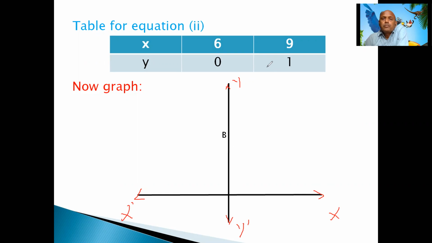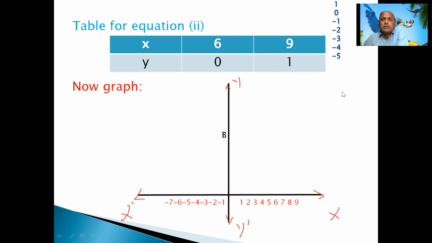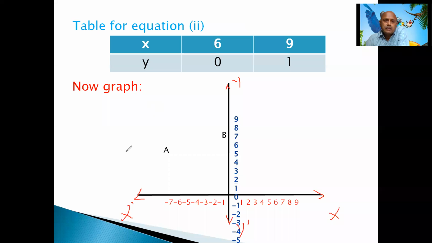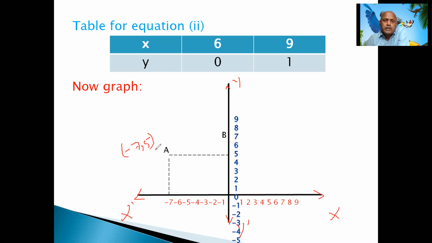Now see here, you have to write the values for the x-axis, same for the y-axis. Now first point you plot minus 7 and 5 like this. So its coordinate will be minus 7 and 5. So let A be minus 7 and 5.